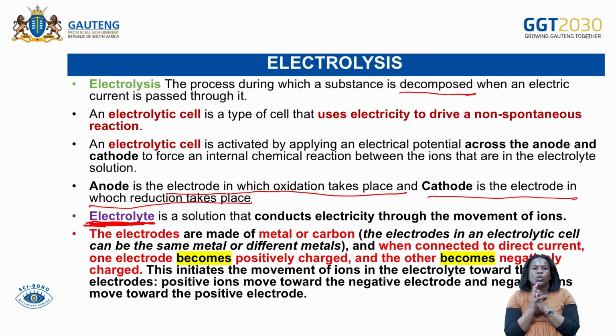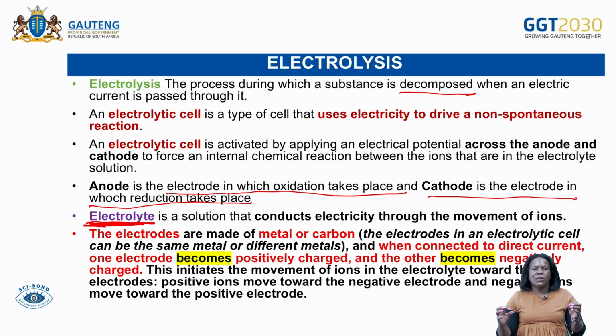So when connected to the direct current, one electrode becomes positively charged and the other one becomes negatively charged. This initiates the movement of ions towards the electrodes. Positive ions will then move towards the negative electrode, and the negative ions then move towards the positive electrode.